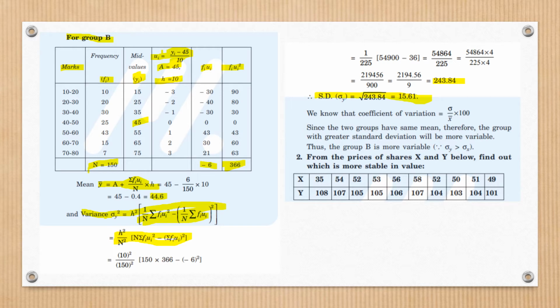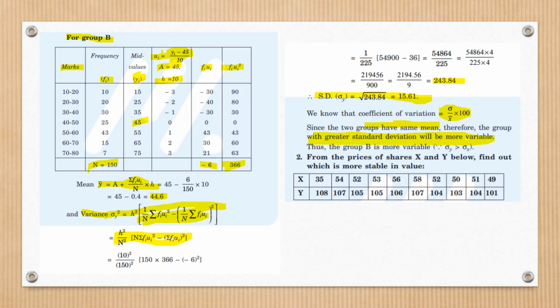Now we need to calculate our coefficient of variation. The formula is sigma upon x bar into 100. Since our two groups have the same mean, you can see the mean for both groups is 44.6, therefore the group with greater standard deviation will have more variability, or we can say less stability.